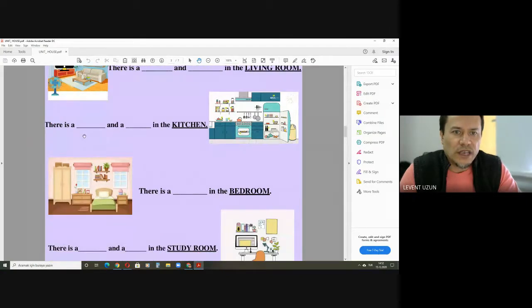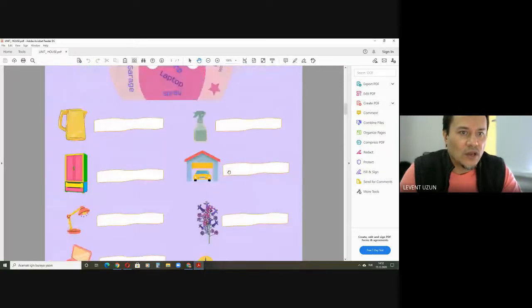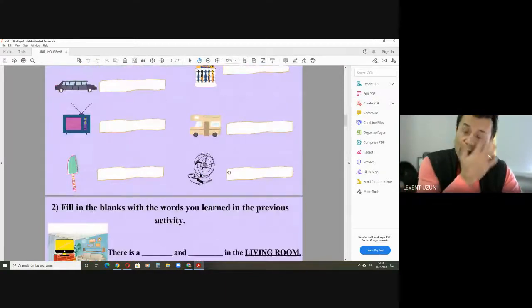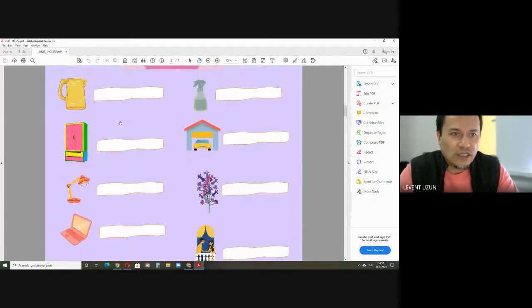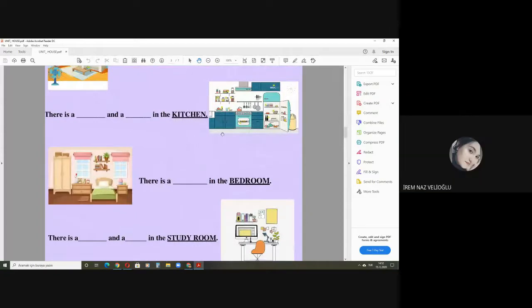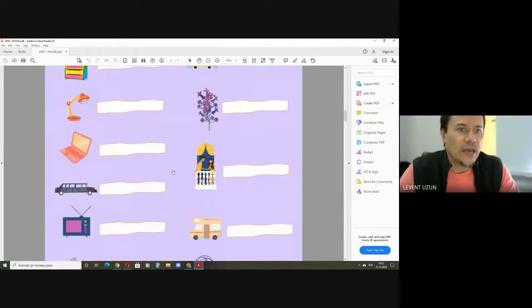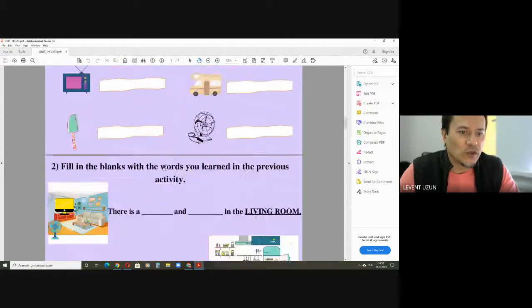Second one, there are a lot of things. Is there a kettle? Spatula and kettle, yes. I don't want my students to go back and check these. I don't want them to go back and look at the correct spelling of these words because I'm checking them here.